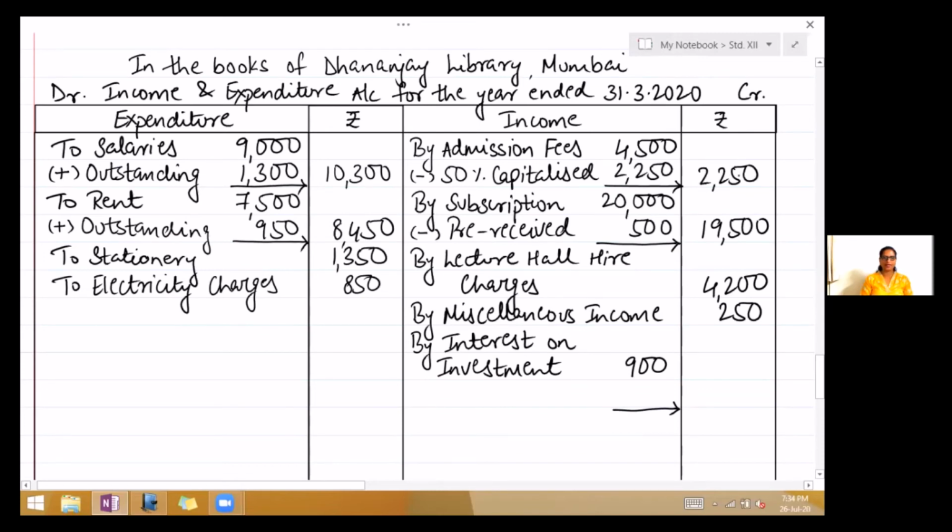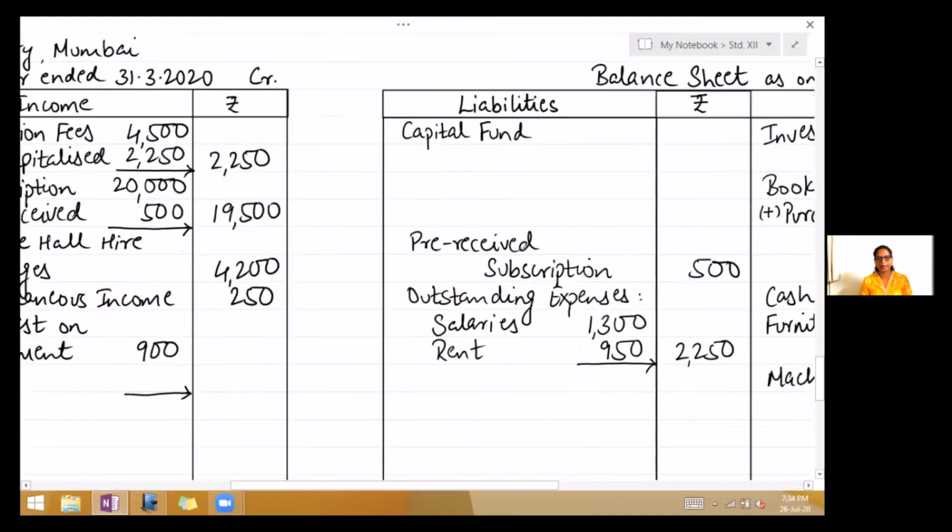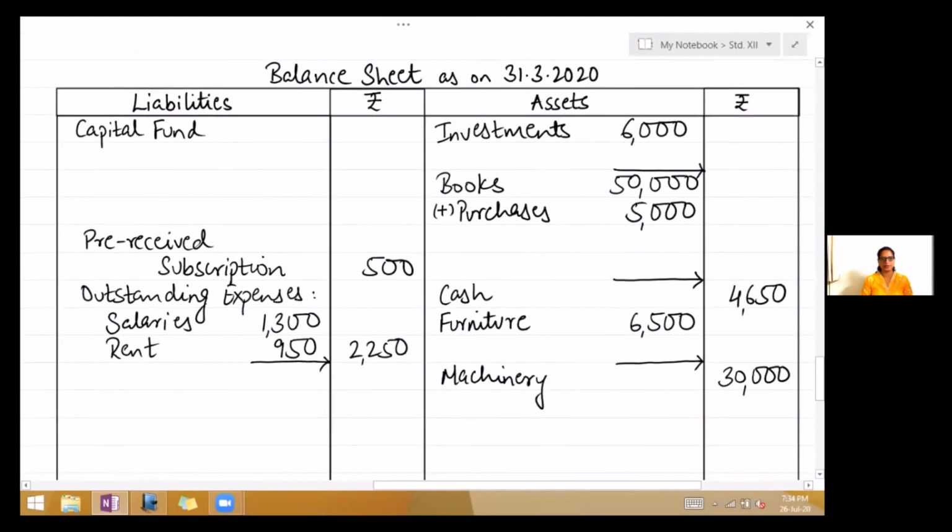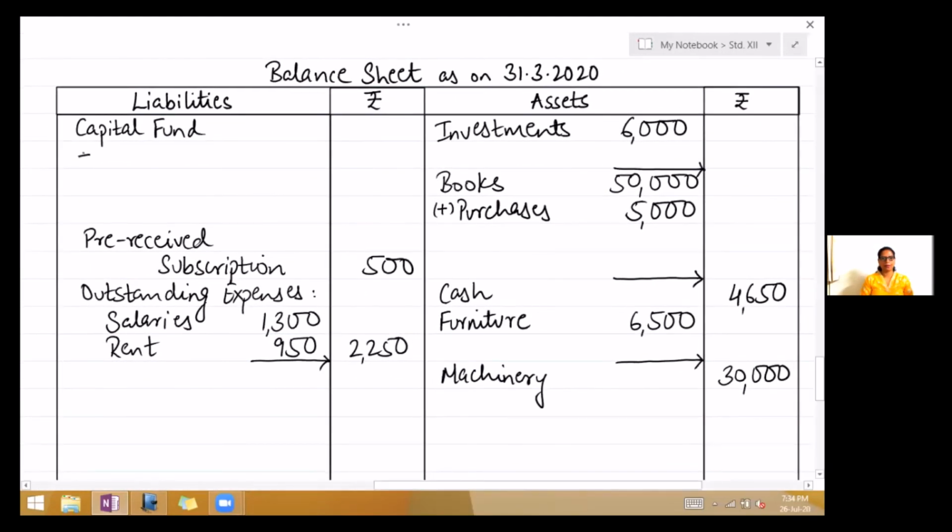Second effect, they said capitalize, so you will add it to capital fund. So right there below capital fund, add admission fees. In the inner column, 2,250.